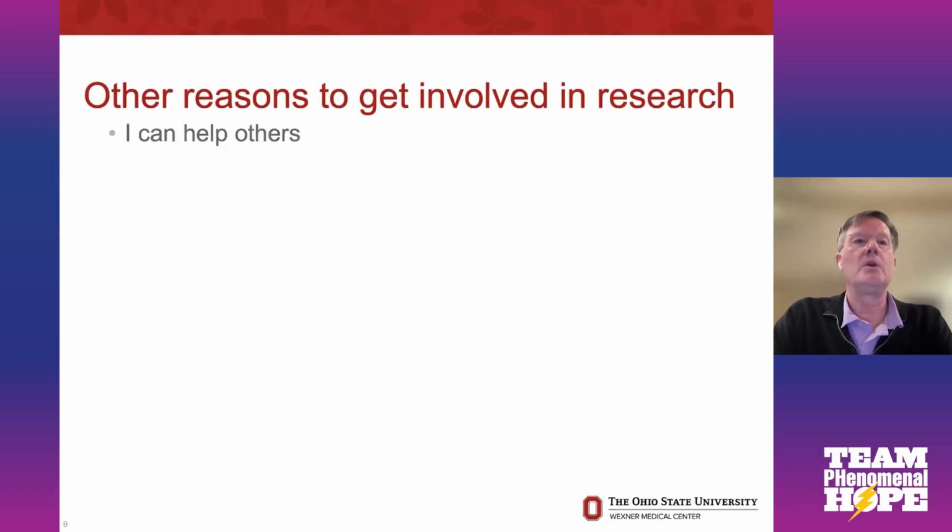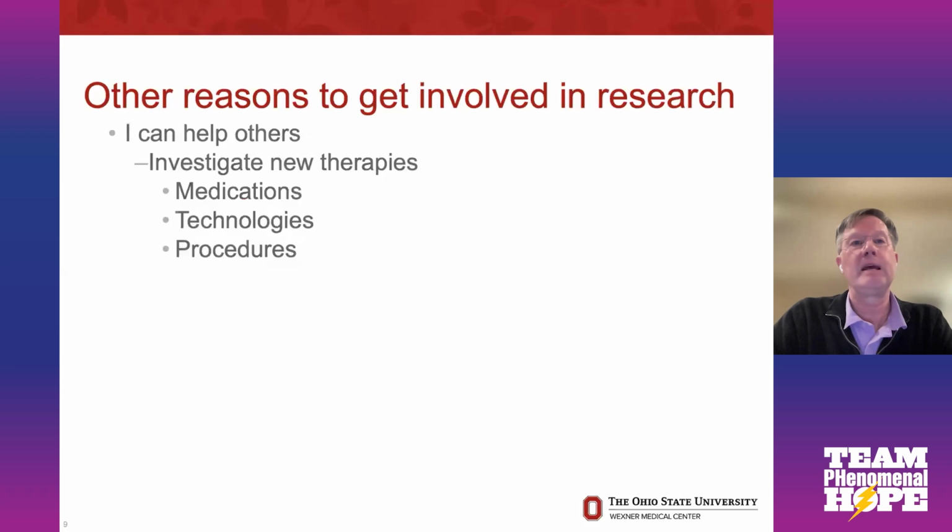So again, I'm sure everybody would certainly like to help others fighting this disease now and in the future. And this can be involved in research trials that investigate new medication, new technologies, such as implantable devices that can measure pressures continuously in the pulmonary vascular tree, but also procedures.